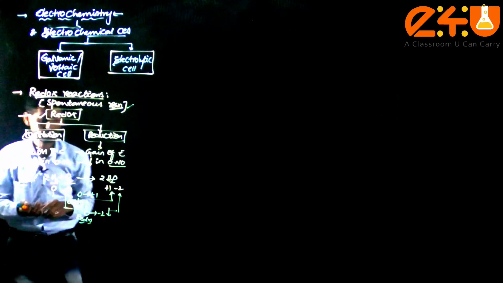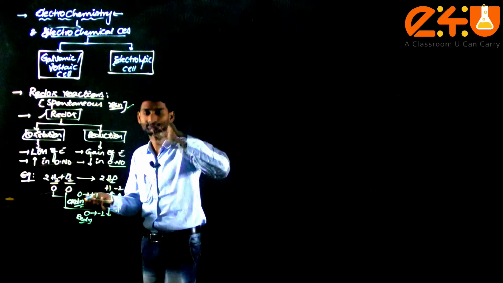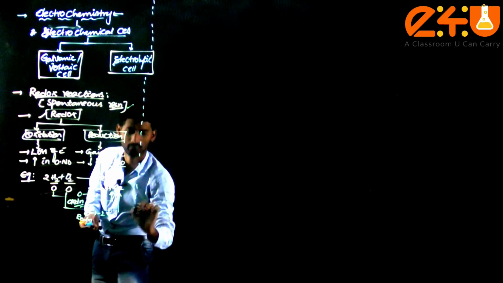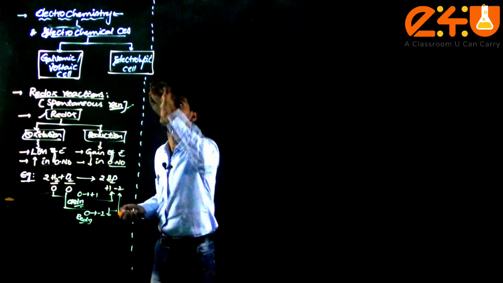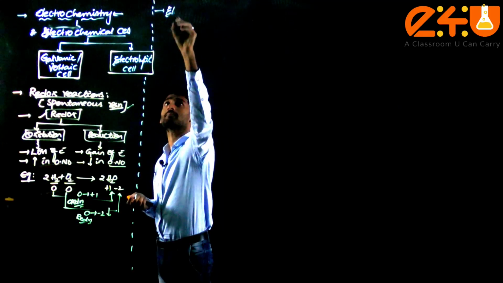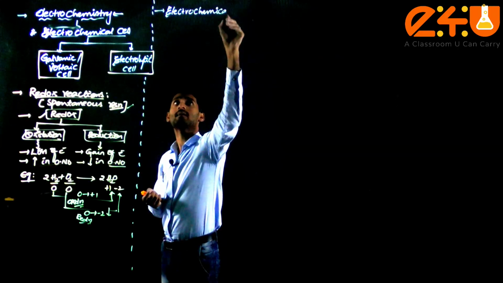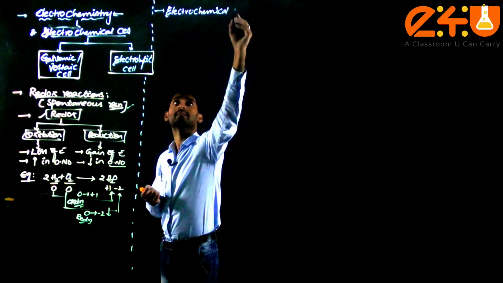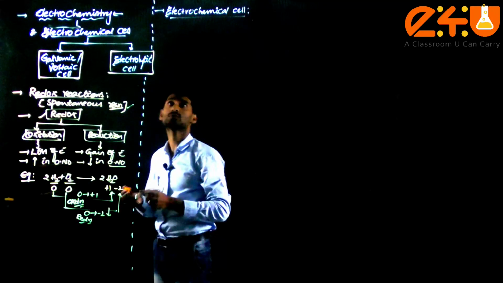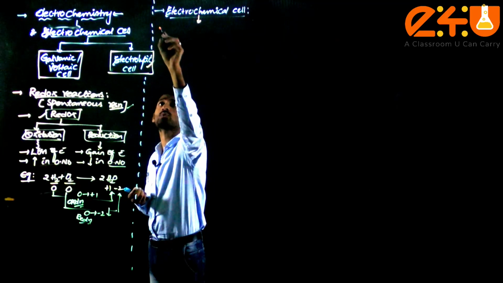Now let me start with the types of the cell. In that, first of all, the electrochemical cell. In that electrochemical cell, dear students, first of all I am going to discuss the electrolytic cell.